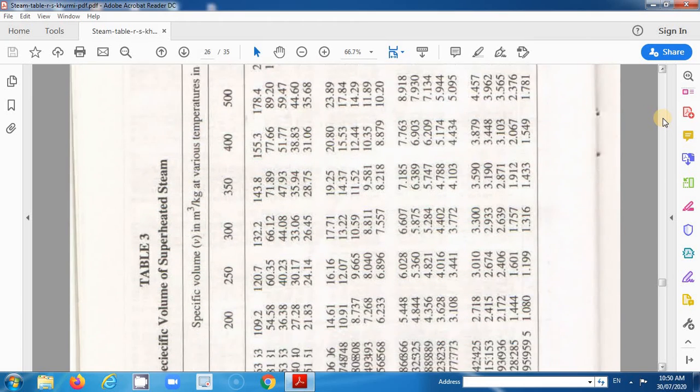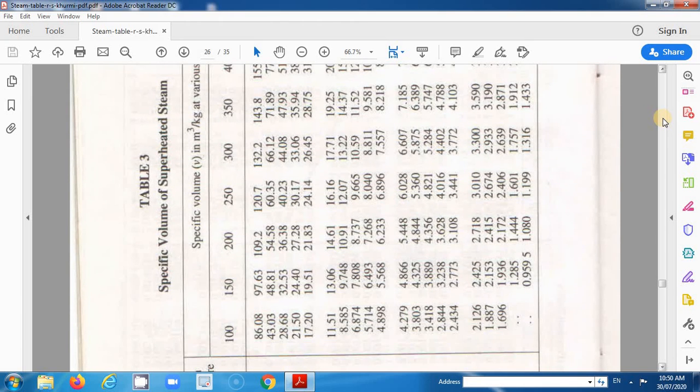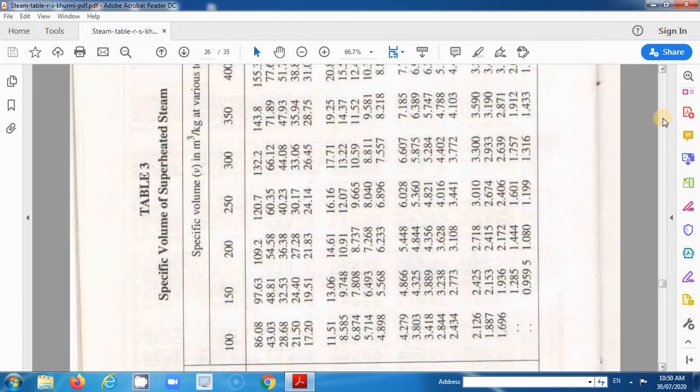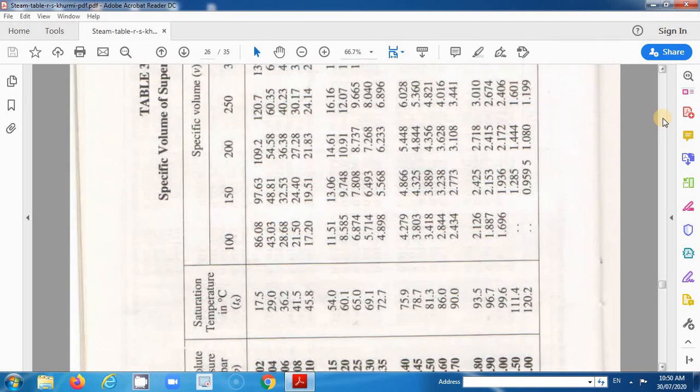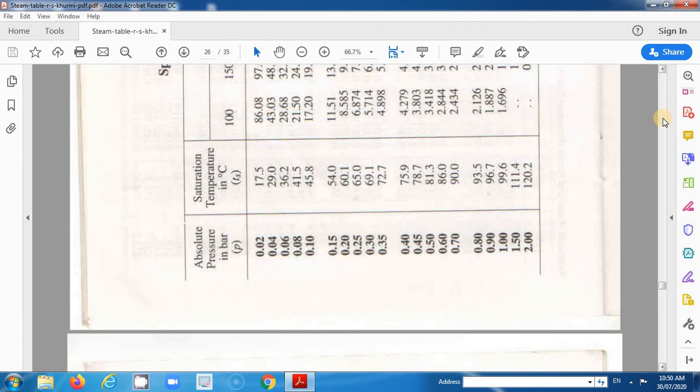So this is the third steam table, and it gives the specific volume of superheated steam for the corresponding pressures, their saturation temperatures and their corresponding values for different temperatures.